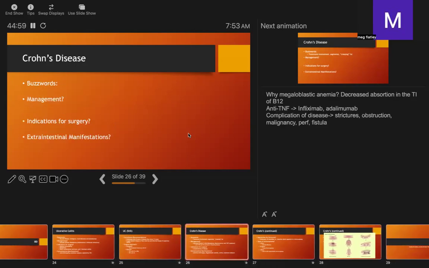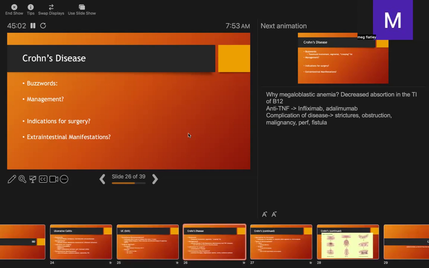Okay. Crohn's disease. Buzzwords for that, GABS. Yeah, transmural, skip lesions. And then on imaging, you're going to see creeping fat. Okay, management. So steroids for flares, 5-ASA or mesalamine for maintenance, and then if it's resistant, anti-TNF.